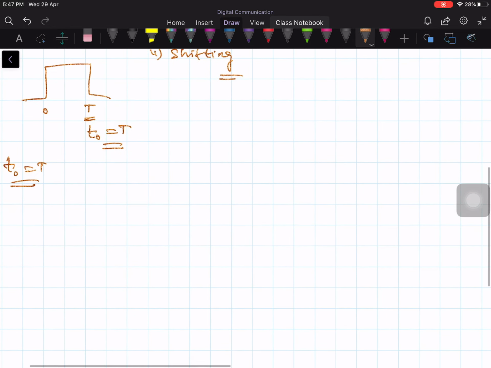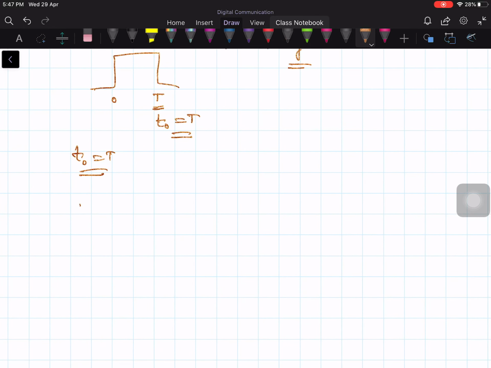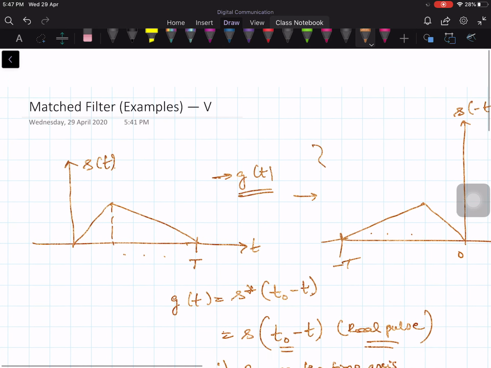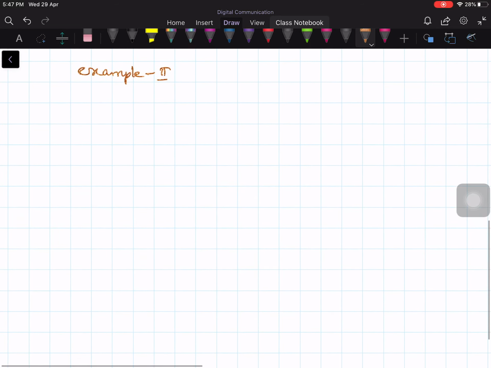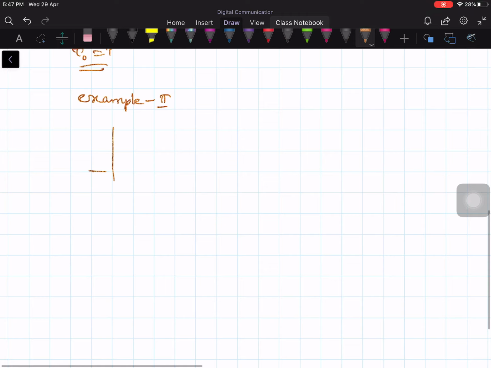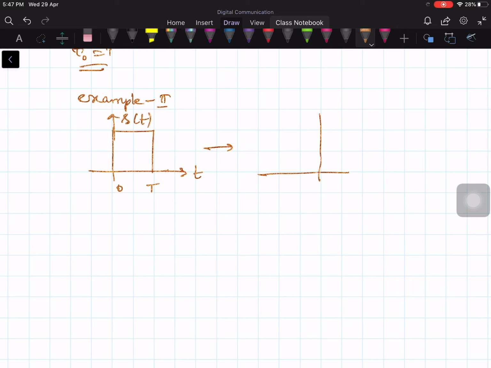Now take the second example. This was example 1. Second example: let me take a square pulse like this. This is 0 to capital T, and let's say this is my S of t. What is the first step? You reverse the time axis, so it looks like this. This is S of minus t.